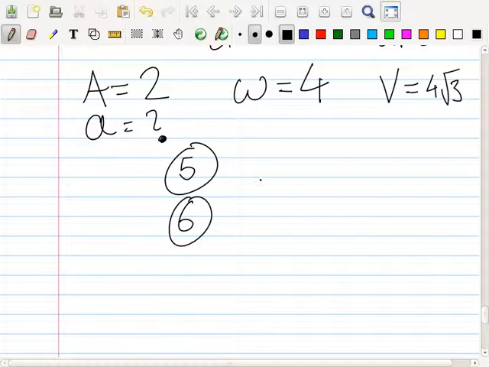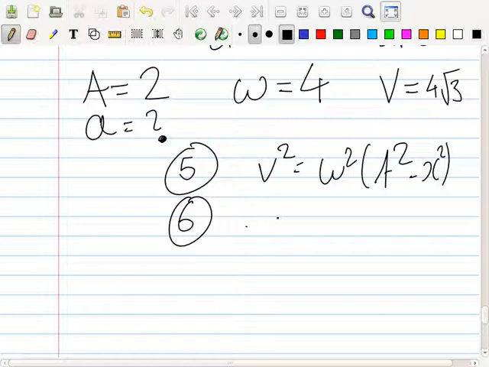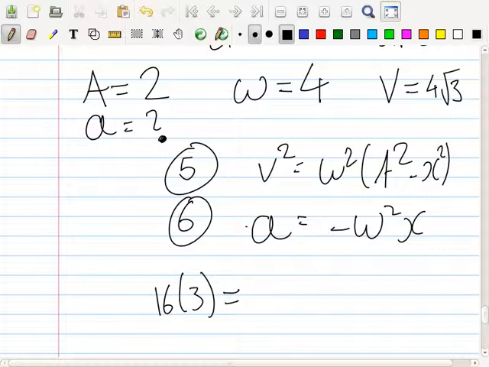Number 5 told me that omega squared times A squared minus X squared equals V squared. Using formula number 5, I get 16 times 3 equals 16 times 4 minus X squared.